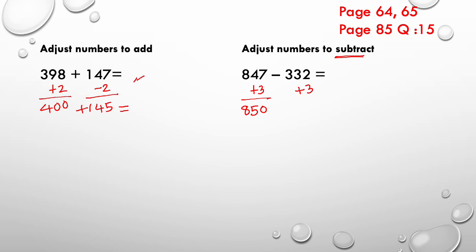In the addition case, it was plus and minus, but in the subtraction case, both the same. If you are adding, you need to add to both sides. If you are subtracting, you need to subtract the same number. So 332 plus 3 is 335. So the question will be replaced by 850 minus 335 equals.